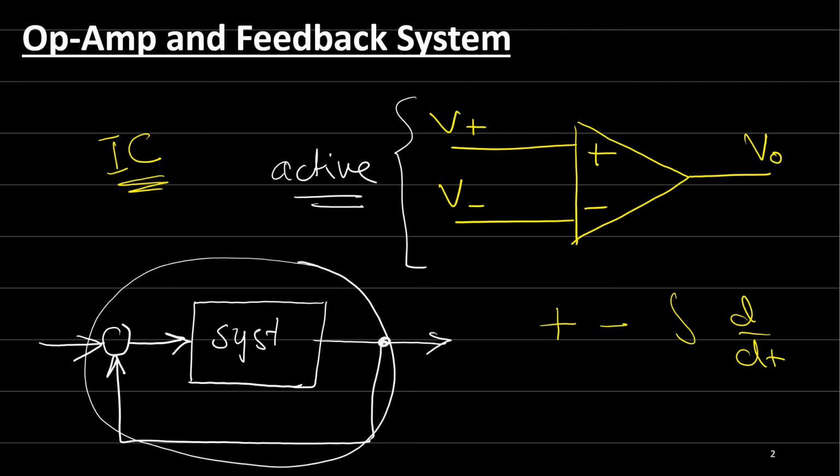This feedback is called negative feedback. Why? Because we feed back from the output and compare the input and the output. This negative feedback underlies the operating principle of all modern-day operational amplifiers.